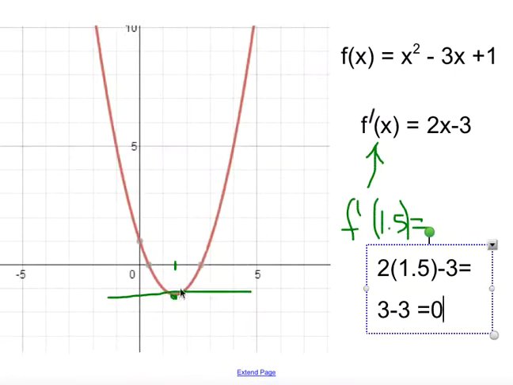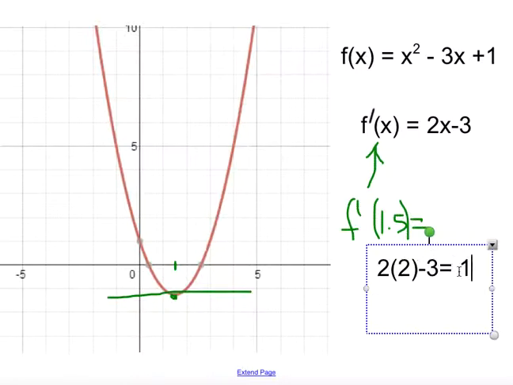which visually it is. So if we were to take another point on the curve, let's plug in positive 2 instead. So I'm going to erase this and make that a positive 2. 2 times 2 minus 3 is actually equal to 1.